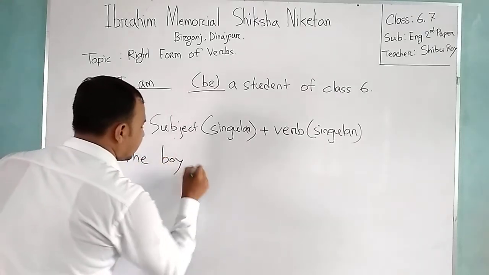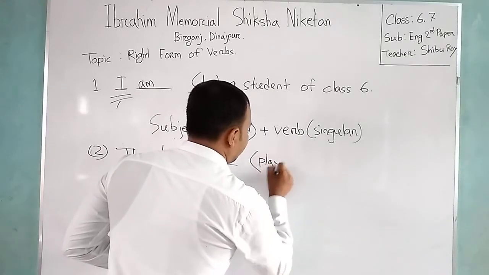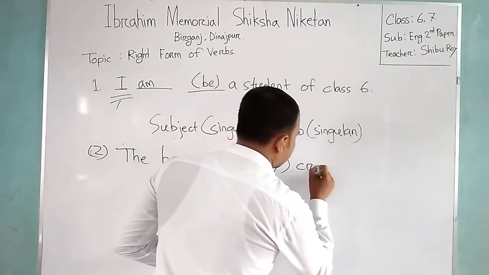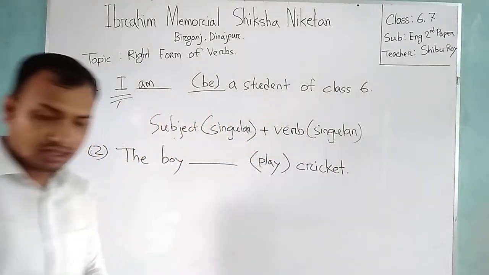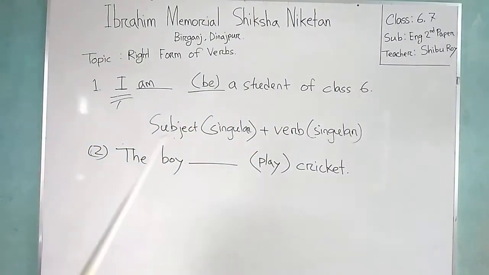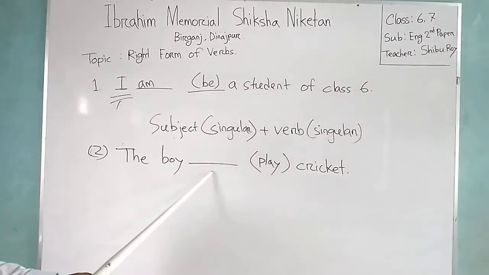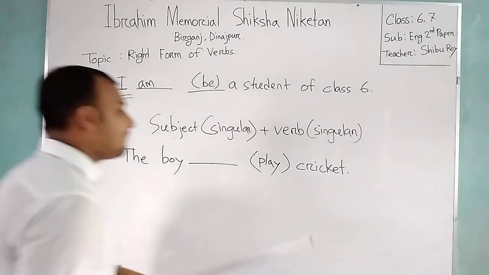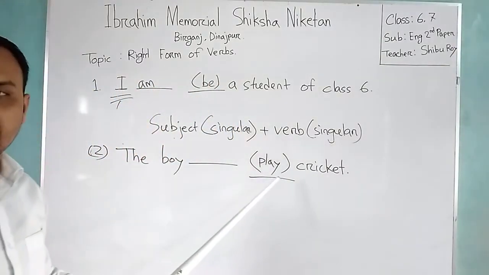The boy play cricket. Look at the board: the boy play cricket. We need to fill this gap with the word play. We have given here the base form of the verb play.